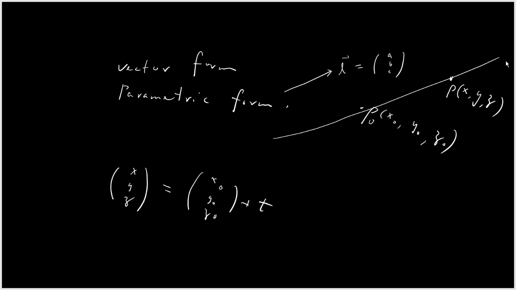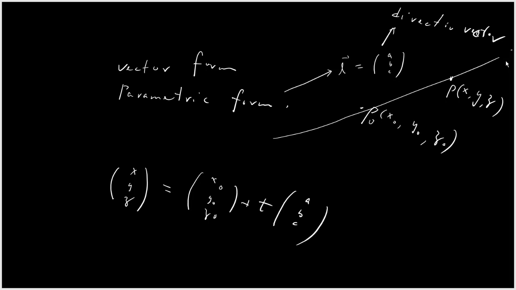Plus t, and t is actually a parameter. A parameter can take any value. I'm going to make more comments soon. T times the three components of the direction vector. This L is called a direction vector. You have A, B, and C in here.